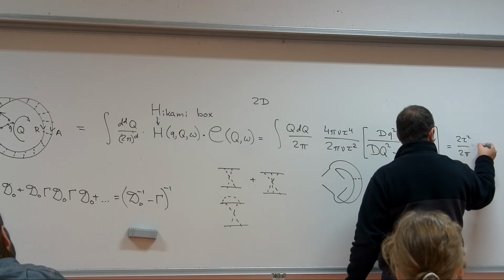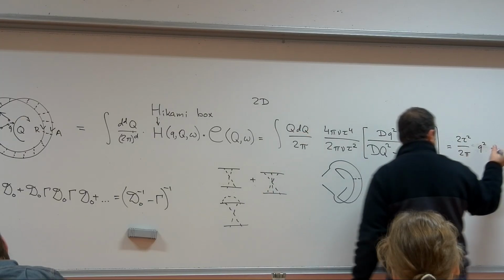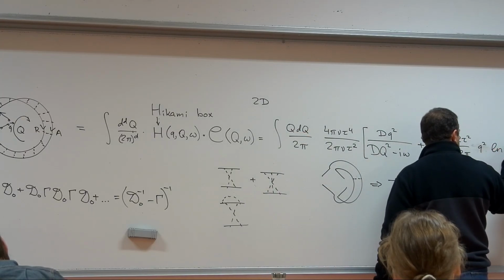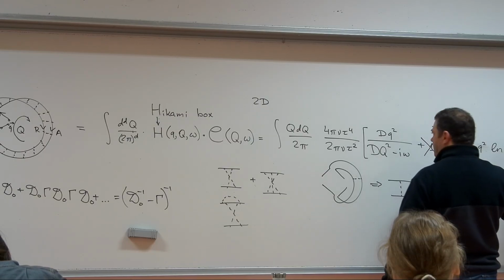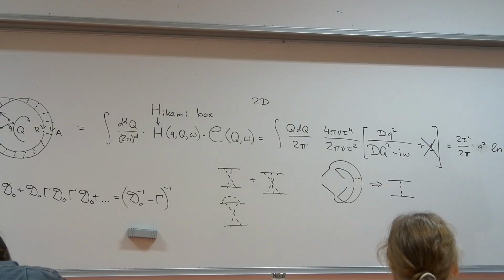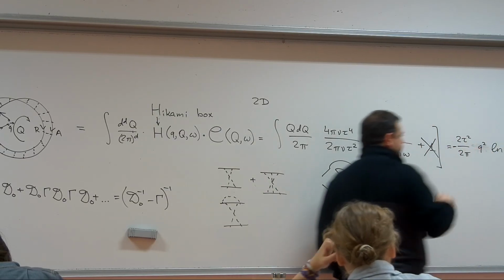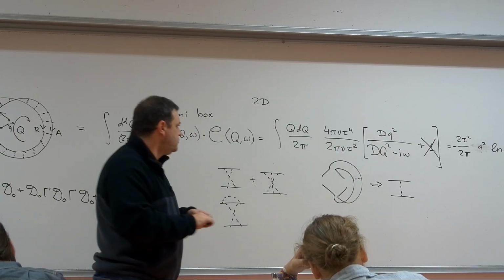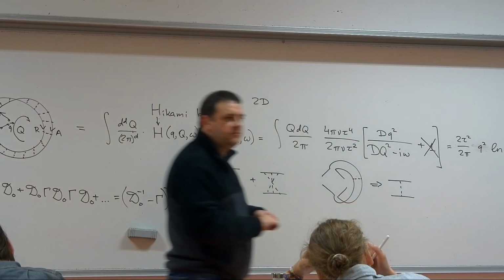Small q squared times the logarithm of capital L over small l. With a plus. It's this thing.